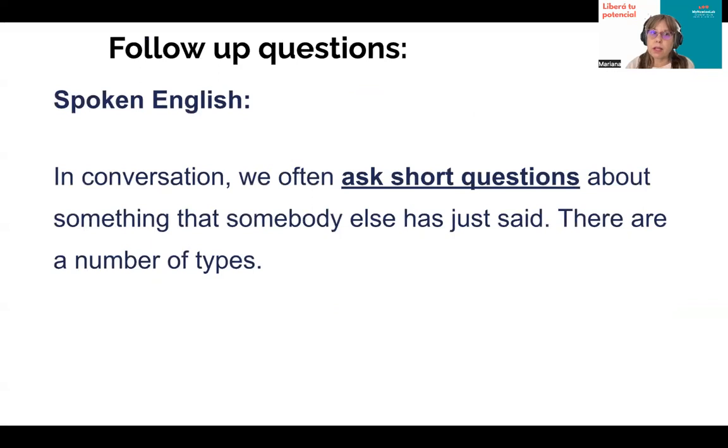And a follow-up question is another type of short question, where we ask about something that somebody else has just said. Again, as you can see, the pattern is clarification, confirmation. So there are a number of types of questions like this.